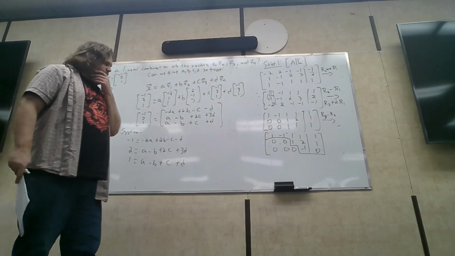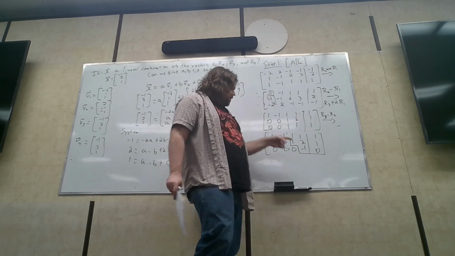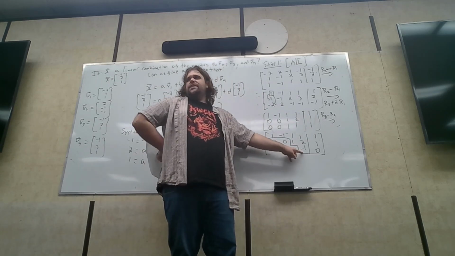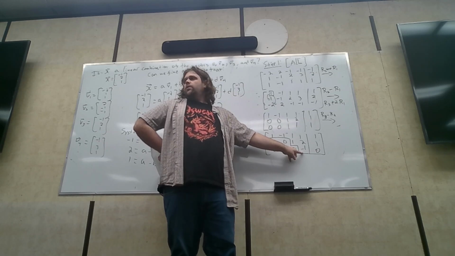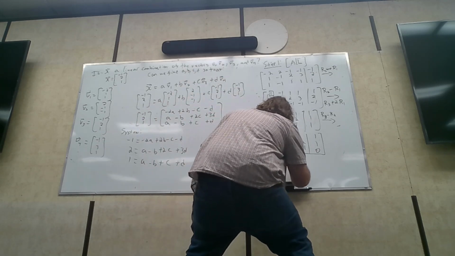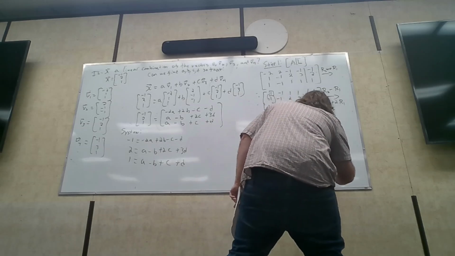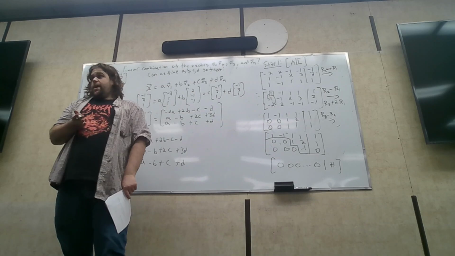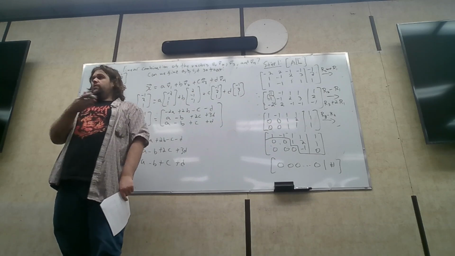But if we take a look at this, is it possible for us to do anything more to this that will cause us to have no solutions at all? Which, remember, would look something like this. So we got a bunch of zeros, and then something that's not 0 on the far right side there. Could that possibly happen no matter what we continue doing?